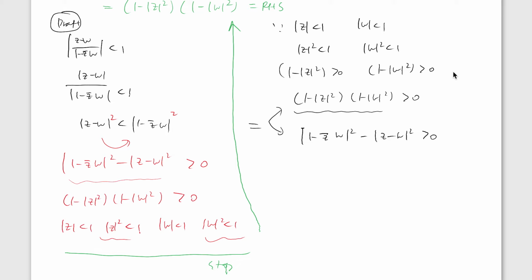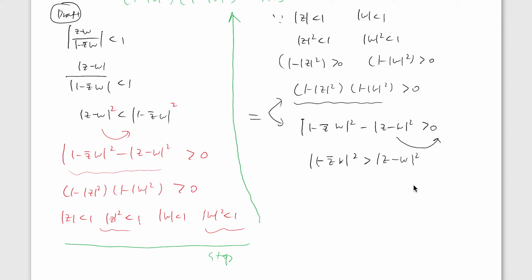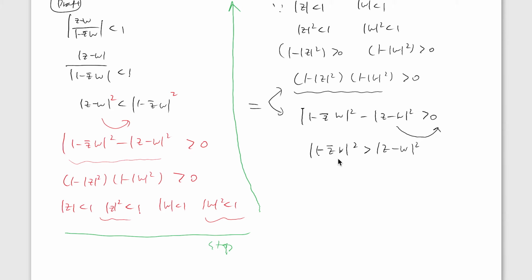Now you move this to the other side, so bring this term over to the other side. And then divide both sides by |z - w|².